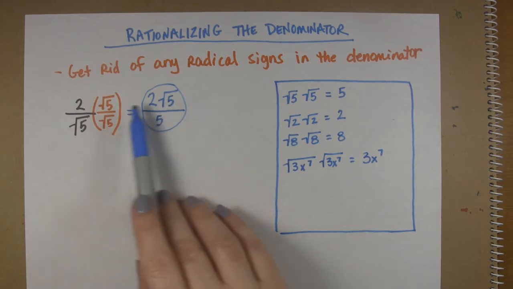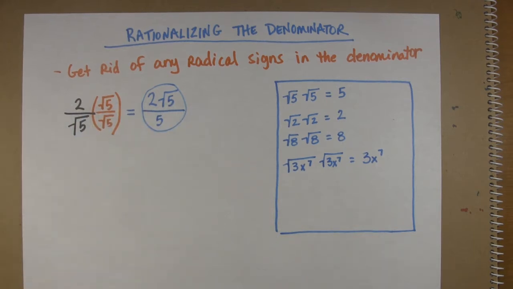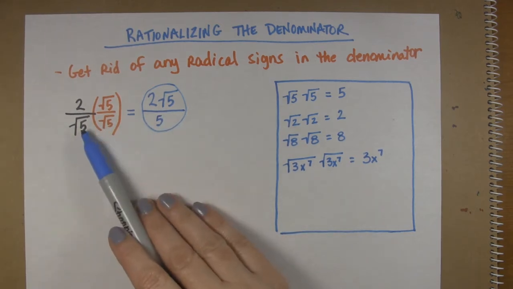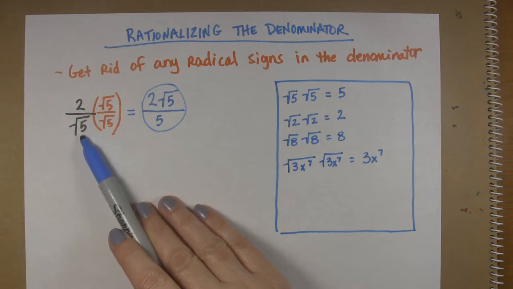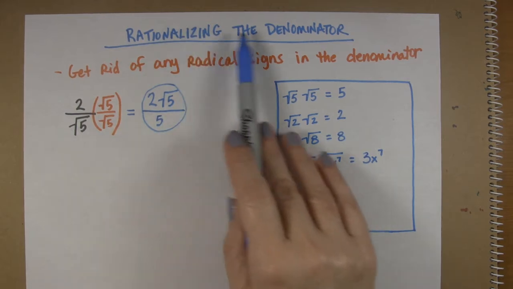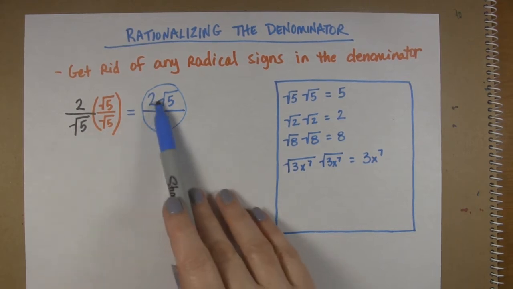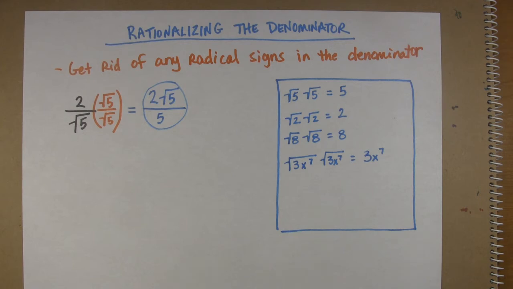This is better than this. Or I shouldn't say it's better, it's in better form than that. Whenever you get an answer that has a radical sign in the denominator, you must rationalize that denominator and get rid of that radical sign. So, 2 root 5 over 5.